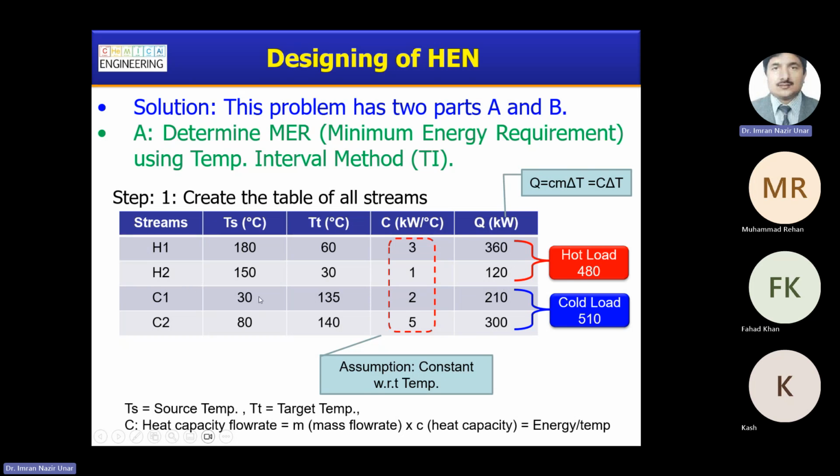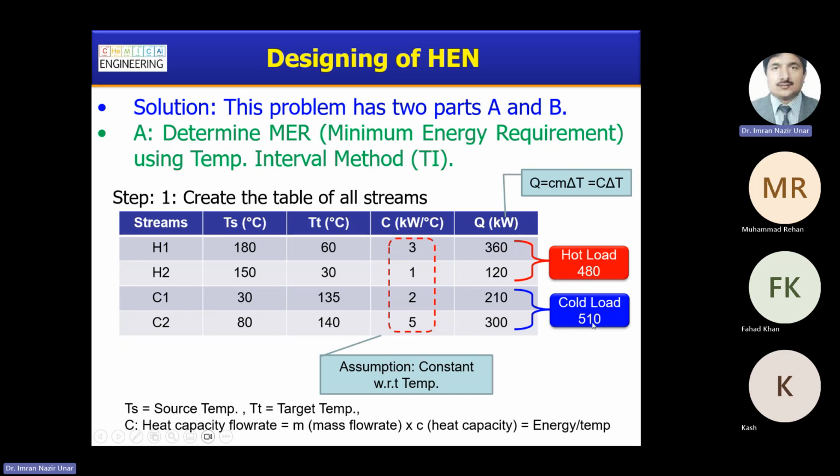Similarly, if we heat this cold stream from 30 to 135, we have 210, and 300 for the other stream. So total hot load is 480. So we need 480 kilowatt from cooling water side. And similarly, we have to raise the temperature of these two streams.